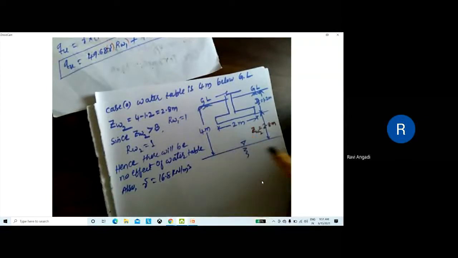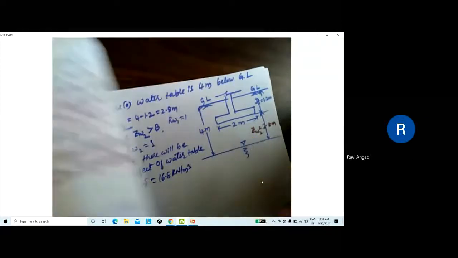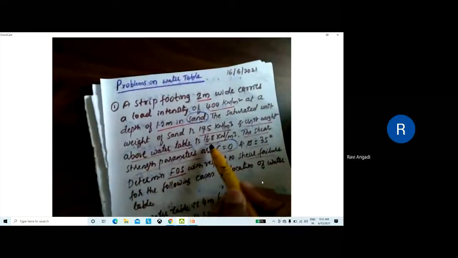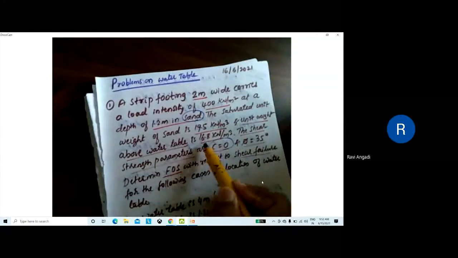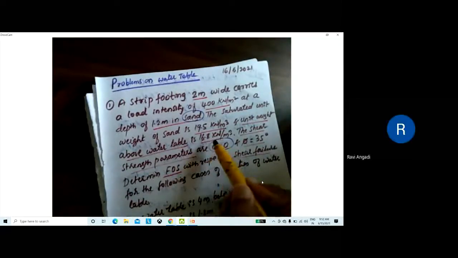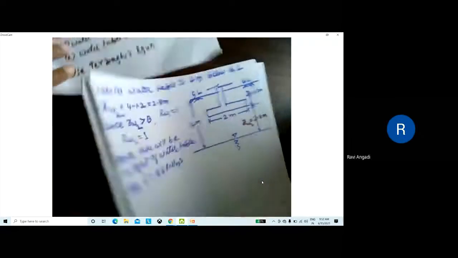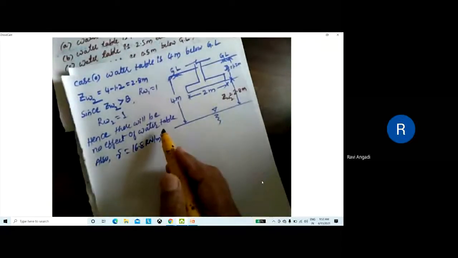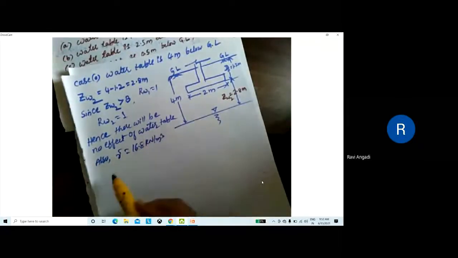Hence, gamma is whatever is given in the problem above the water table. What is the unit weight given? 16.8. It is above the water table, so that 16.8 is to be taken directly as gamma. Understood, all of you?